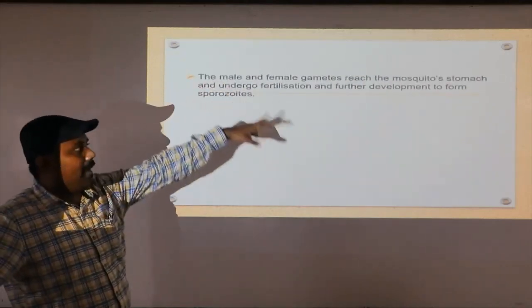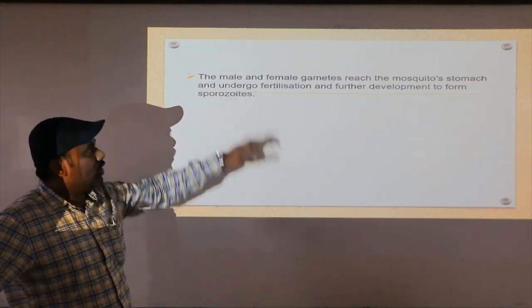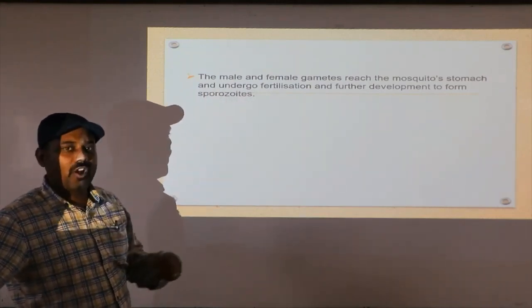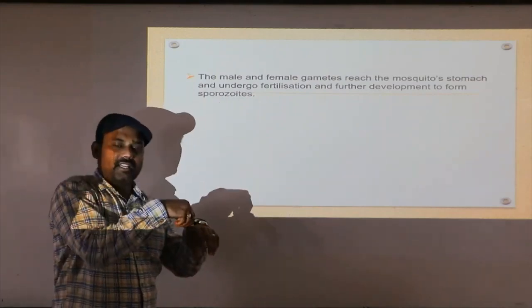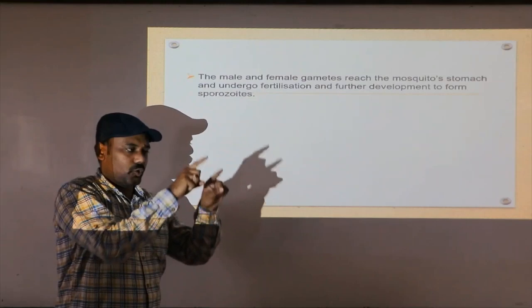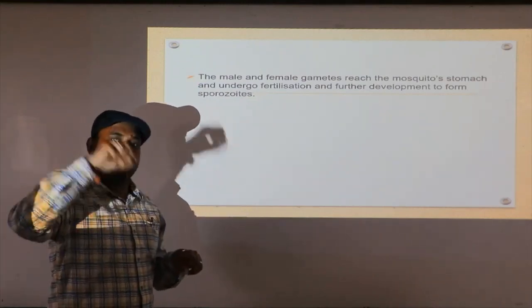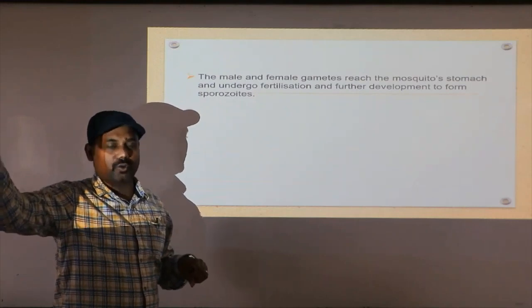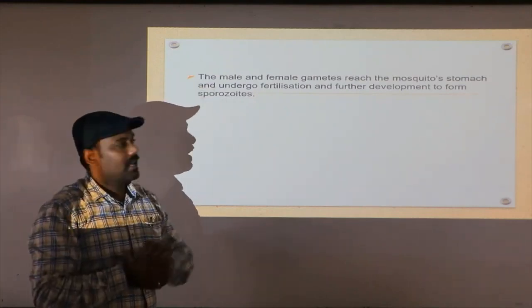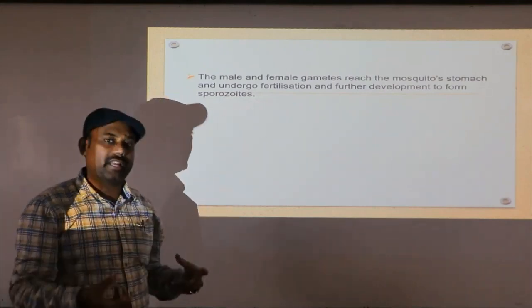The male and female gametes reach the mosquito's stomach and undergo fertilization. As I told you, when the mosquito bites an infected person, it will suck the blood. So along with the blood, those male and female gametes enter into the mosquito's body, and finally they reach the stomach of the mosquito. In the stomach of the mosquito, they undergo fertilization, that is fusion of male and female gametes.